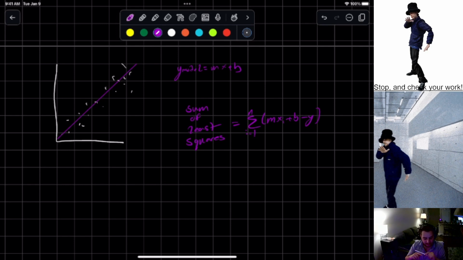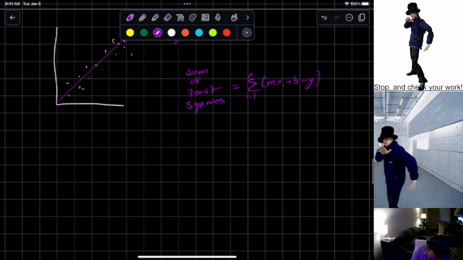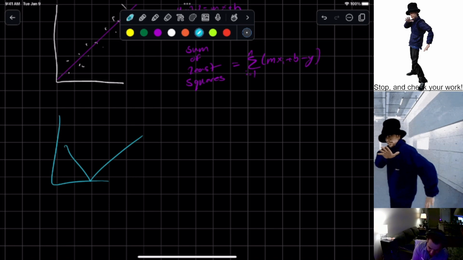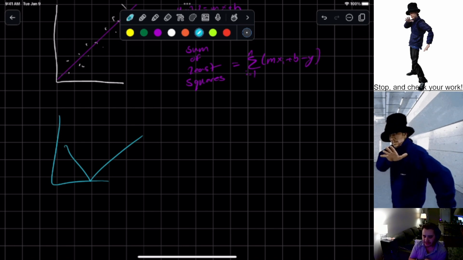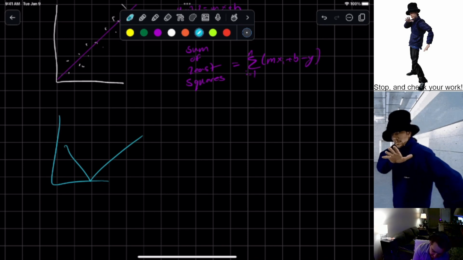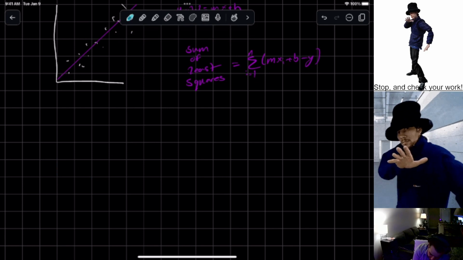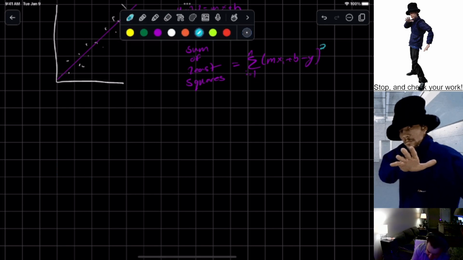However, the only real answer is using the square, because with the absolute value, the derivative of the absolute value can be either positive or negative. So you can't really justify doing that. So you have to use the square.